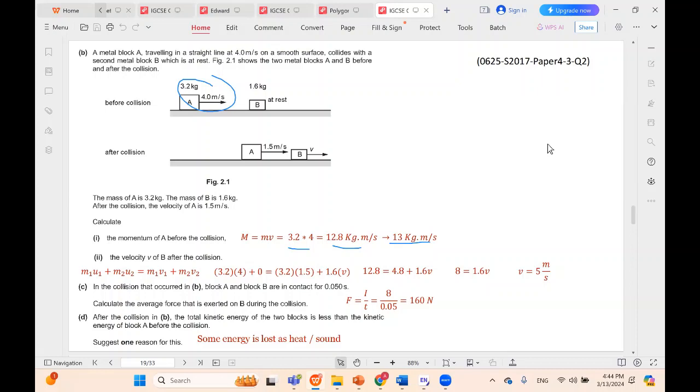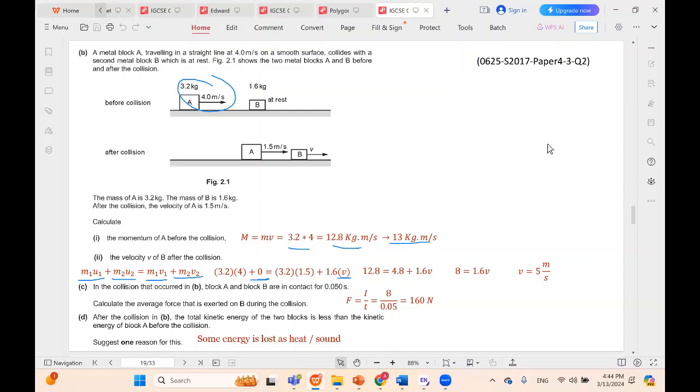Next, we want the velocity of B after the collision. So we use the momentum equation: M1 U1 plus M2 U2 equals M1 V1 plus M2 V2. The initial momentum of B is 0 because it's at rest, and we solve for the velocity of B after the collision.